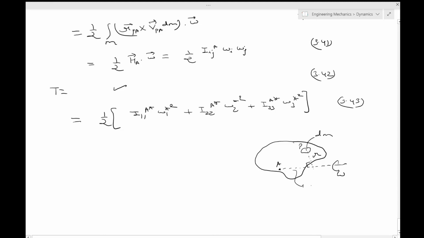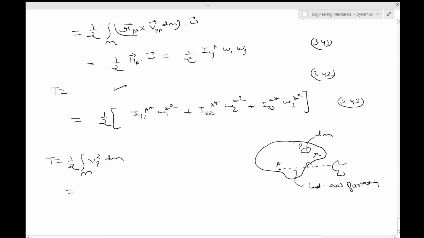Okay, so this is the instantaneous axis of rotation. So if you have the instantaneous axis of rotation of the rigid body that will exist through this point A, then T can be written as half integral of v_P square dm.